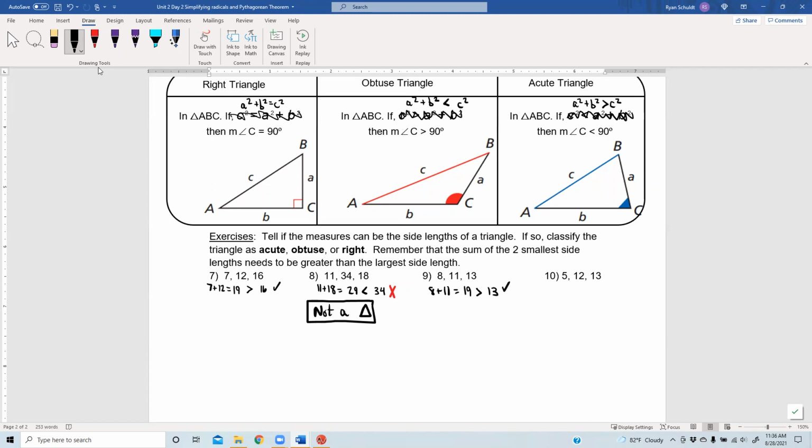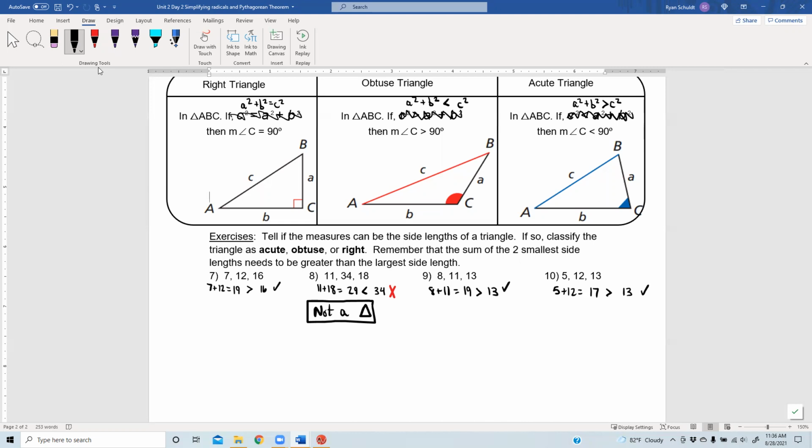And then the last one, add the smallest two. 5 plus 12 is 17. Is 17 greater than 13? Yes, we're good. So we got rid of one of them. We got rid of 8. 7, 9, and 10, though, we're going to have to do work.